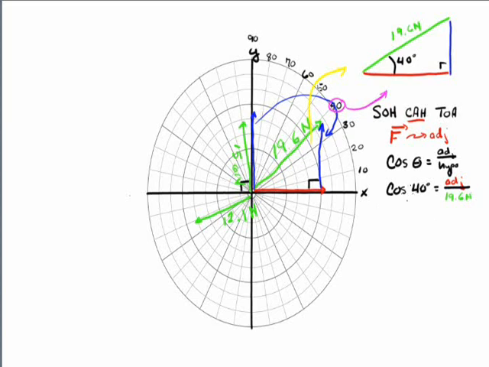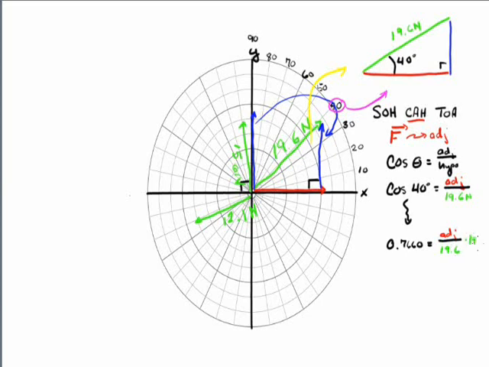In order to figure out the decimal for cosine of 40, I go to my table of trigonometric ratios, look up 40 along the left-hand side, and find the cosine to be 0.7660 equals. I don't know what the adjacent side is. I'm trying to find it. And divided by 19.6. How do I get adjacent all by itself on the right-hand side?